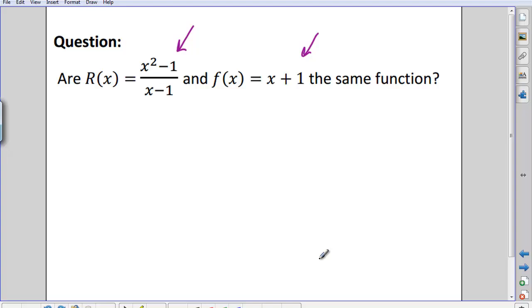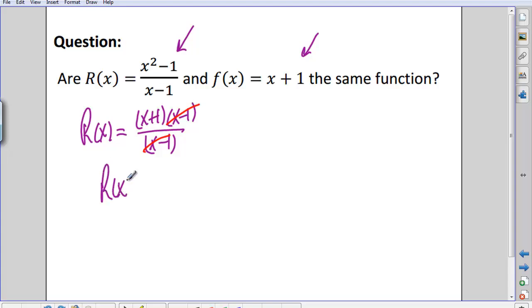They don't appear to be the same, but the reason we're comparing these is if you take this r of x function, factor the numerator, difference of squares there, you can then cancel the x minus 1s, and you end up with r of x equals x plus 1.